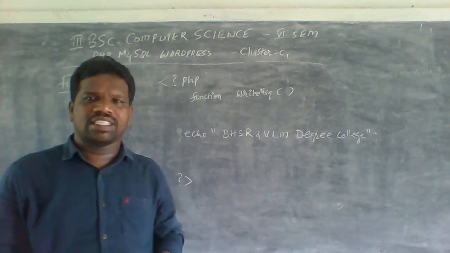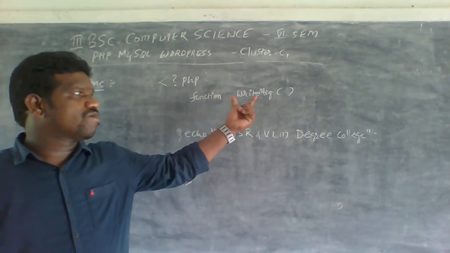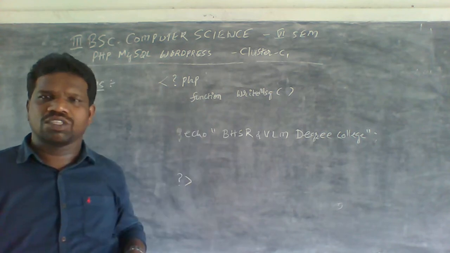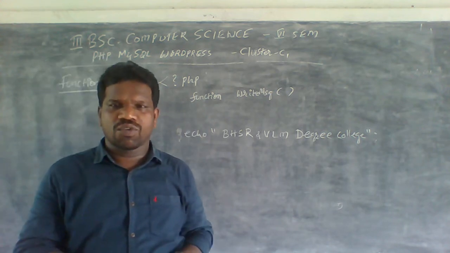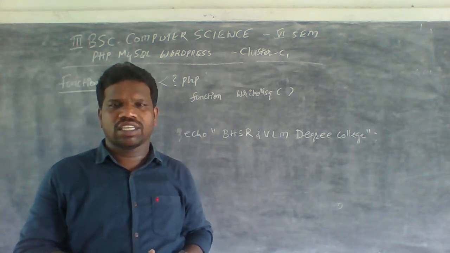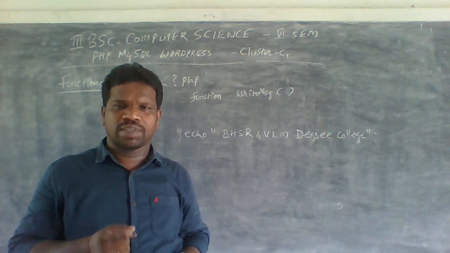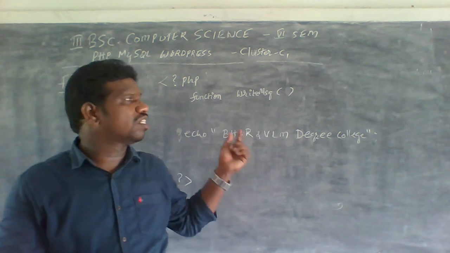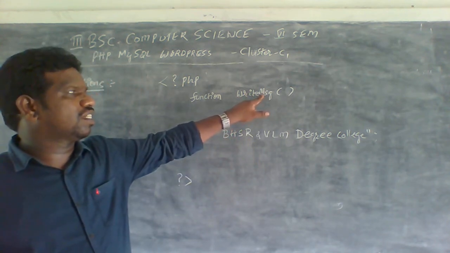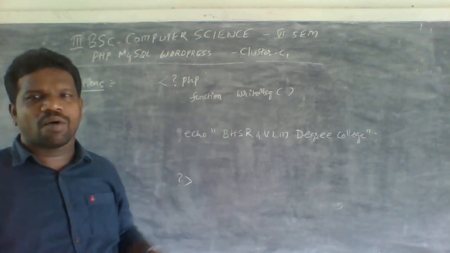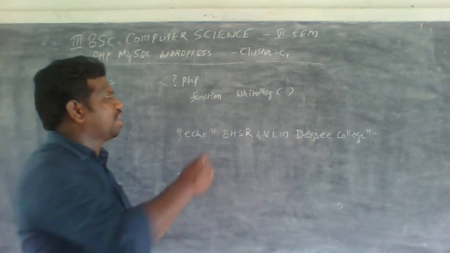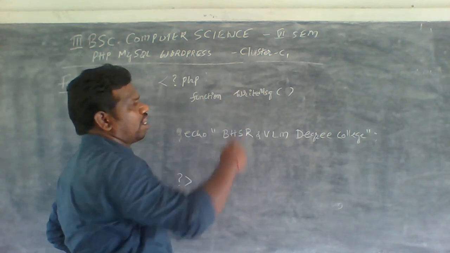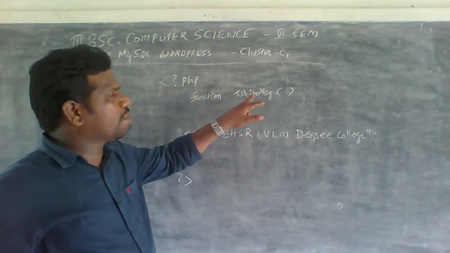In general, if the function name has two or three or four words, the first word is written in lowercase and the first letter of the following words should be a capital letter. That's why I'm writing the M as a capital letter, and the rest of the letters are lowercase. The W is also a small letter.